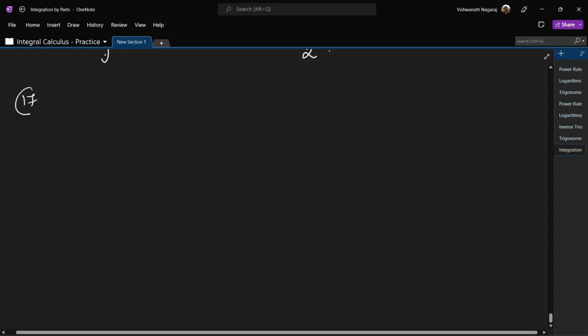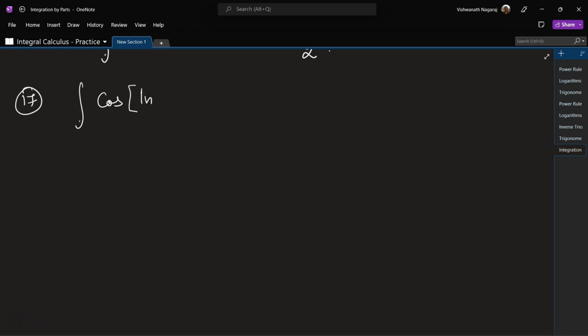Let's look at the 17th one. Integral of cos of natural log of 3x dx. Okay, so here times 1 we can take it. So let's take u is equal to cos of natural log of 3x.